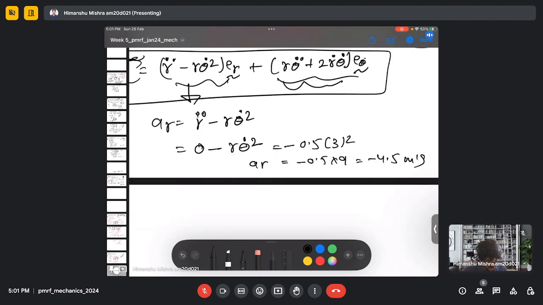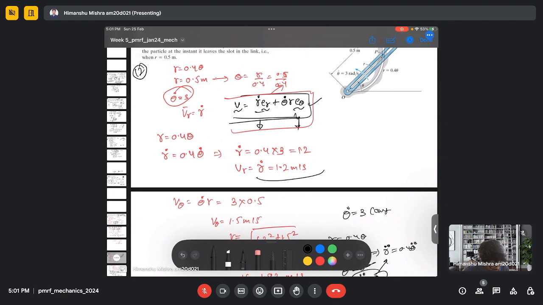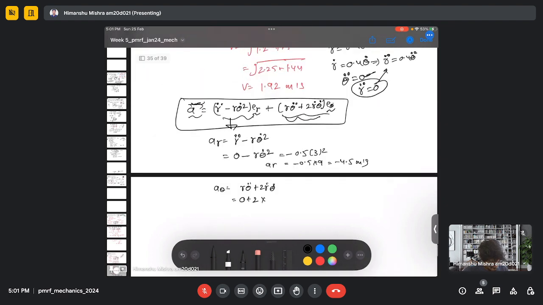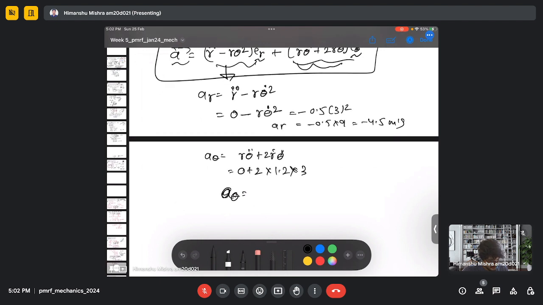This is my ar, and I can write a theta as r theta double dot plus 2 r dot theta dot. So 0 plus 2. My r dot is 1.2, and theta dot is 3. So a theta will be 7.2 meter per second square. So my acceleration will be root of 4.5 square plus 7.2 square.